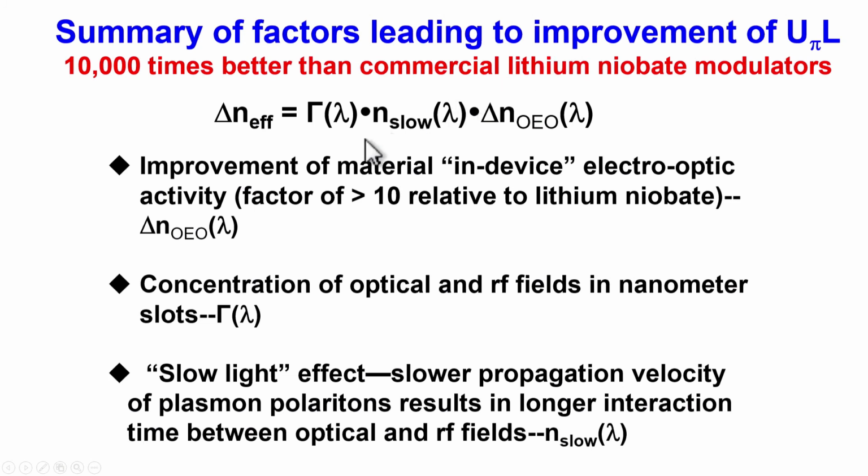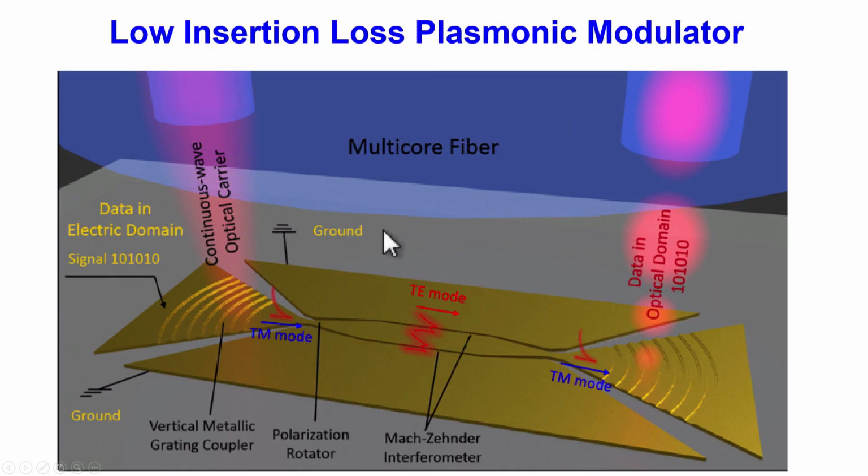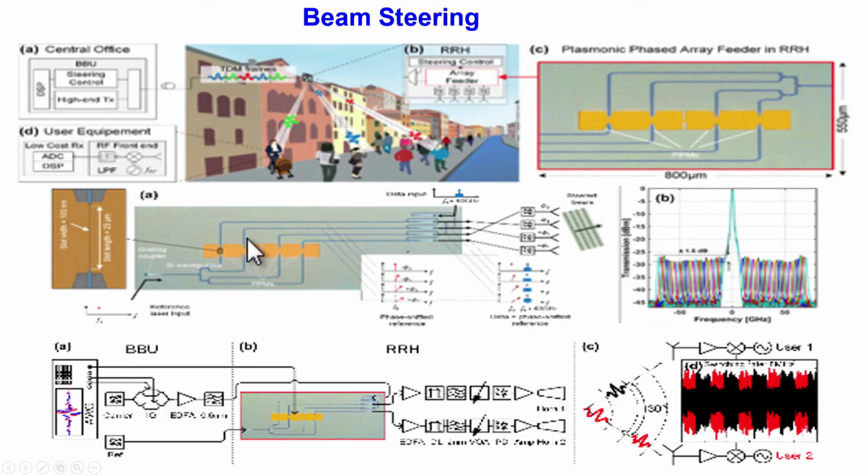Well, these are the three contributors to dramatically improve device performance, and I won't take time to run through them. I just want to emphasize that in addition to telecommunication devices, there have been a lot of developments in sensor devices. There are devices that avoid optical losses associated with going from photonics to plasmonics through silicon waveguide structures.